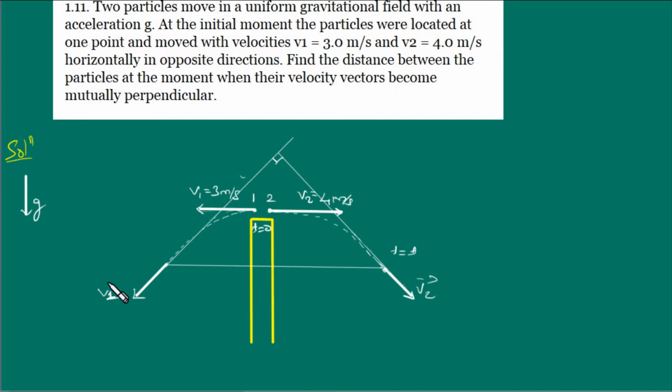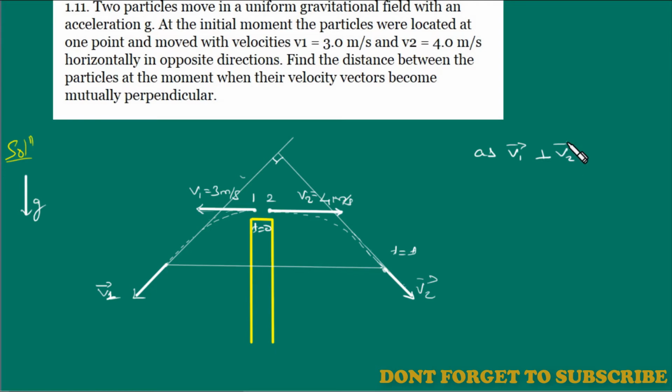Now what we have to do is write both velocity vectors. As the v1 vector is perpendicular to the v2 vector, we can say v1 dot v2 is equal to 0. And one more thing you must notice: as both particles are thrown horizontally, their vertical velocity was initially 0.